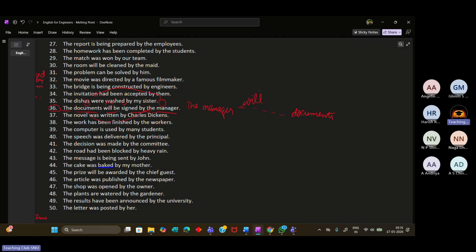Here we just do the opposite. We take off the be and convert the sign into the present tense sign. So it becomes will sign here. Okay. Yeah, that's it. So we'll sign the documents.